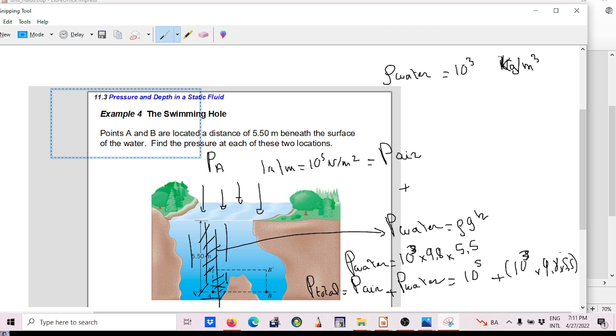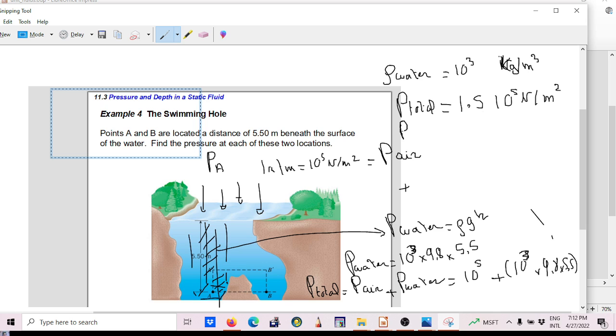So do the computation. And if you do that computation, the pressure here is going to be about 1.5 times 10 to the 5 Newton per meter square. So it will be 1 atmosphere and 0.5 atmosphere.